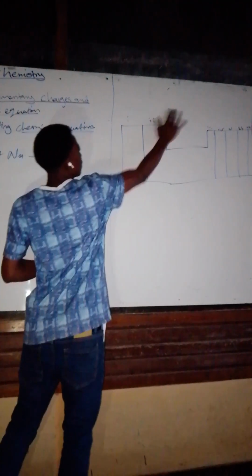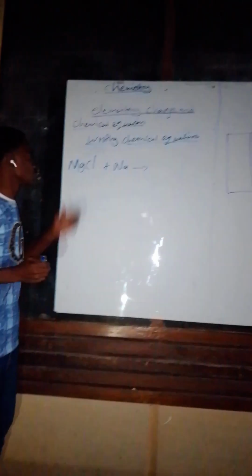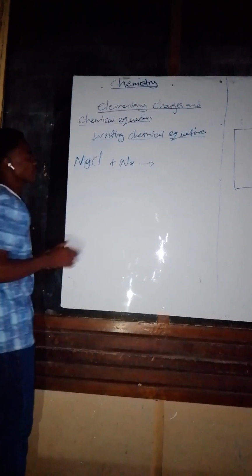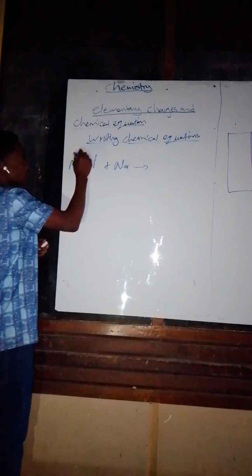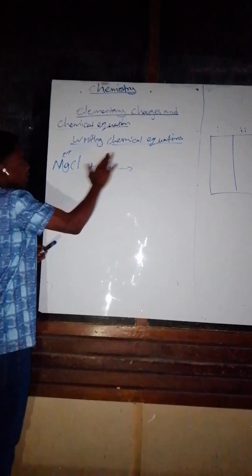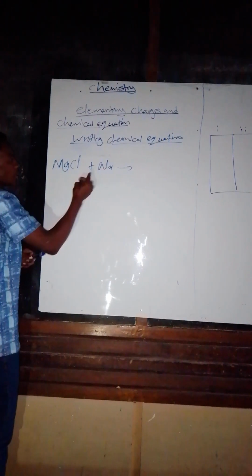Like that. So now you need to consider these two metals. This one is found in group 1. The magnesium is found in group 2, which means it has a charge of positive 2. This one has a charge of positive 1. So of course, sodium is more reactive than magnesium.